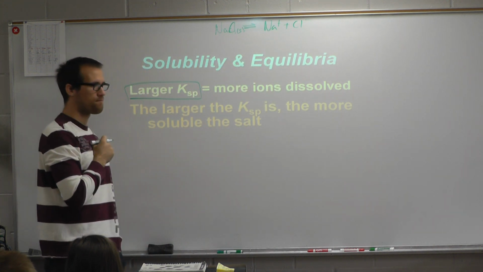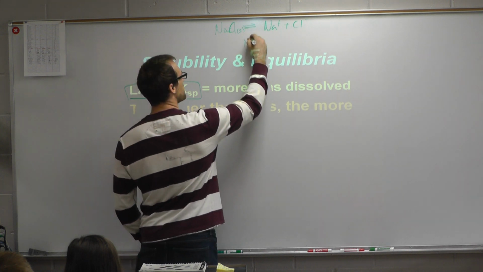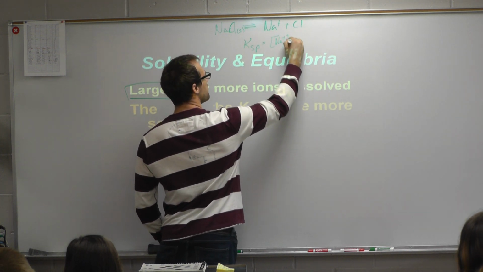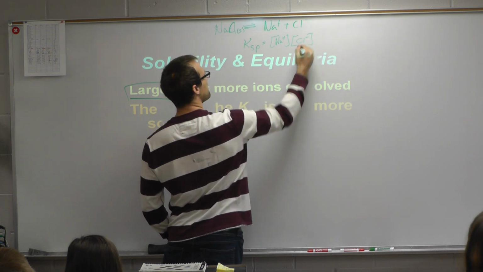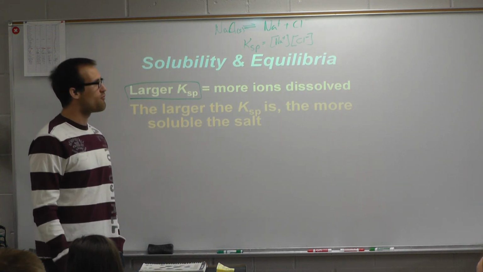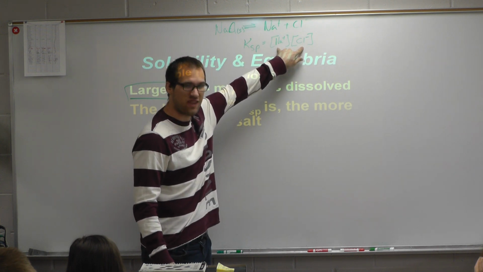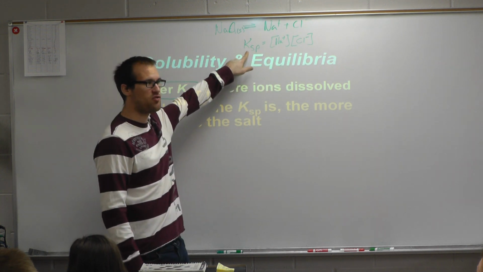Does that make sense? If I were to do the Ksp expression of this, it would just be this, correct? Good. If more of these dissolve, that would mean I would have a higher concentration of this, making the K value do what?